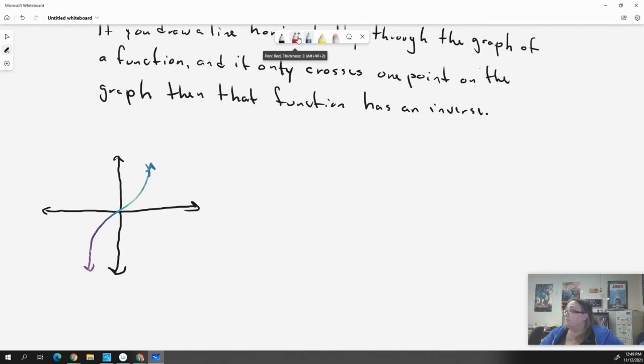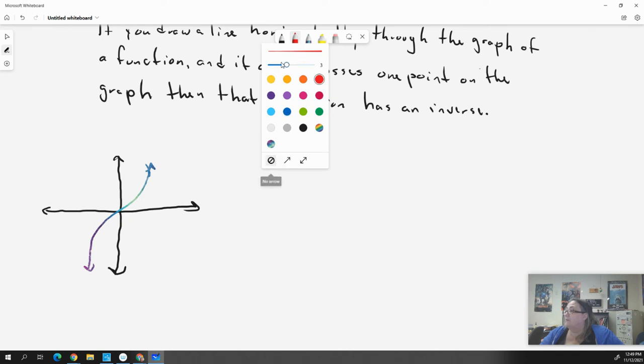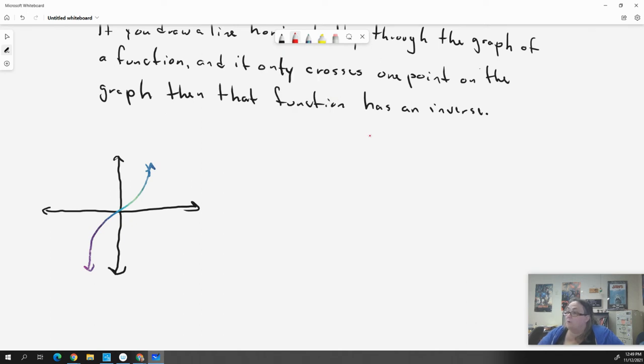For some reason, it wants to give me a little arrow I don't want. Oh, I can get rid of the arrow. Cool. So I can draw a horizontal line through this graph at any point, and it's only ever going to cross one point on that graph. What that means is that this function does have an inverse, right?